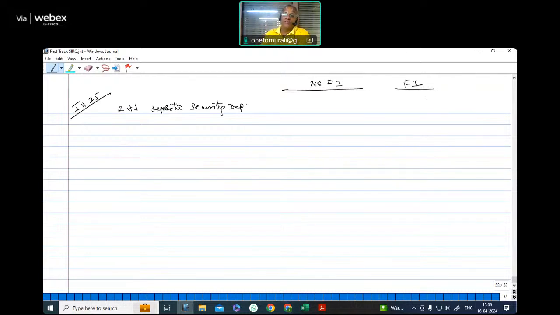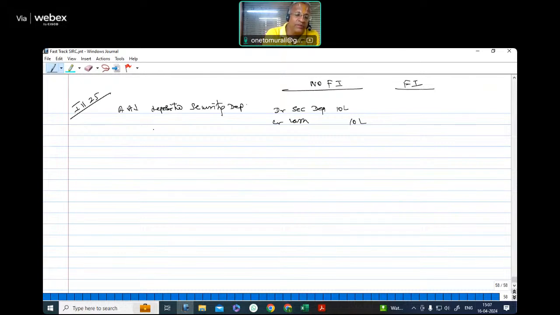When there is no financial instrument, we would have debited security deposit 10 lakhs, credit cash 10 lakhs. This is the journal entry we would have passed prior to knowing financial instruments. Now you can't do it like that.